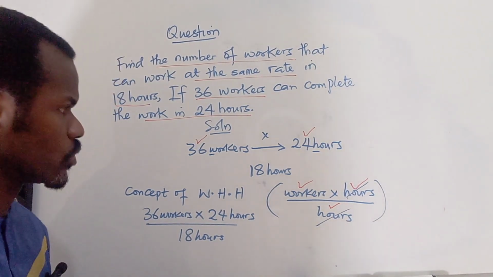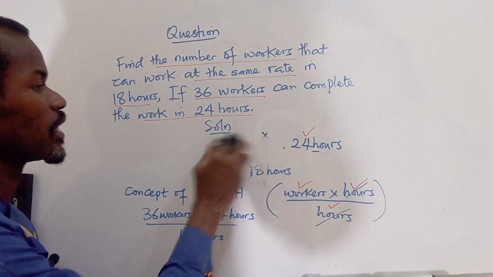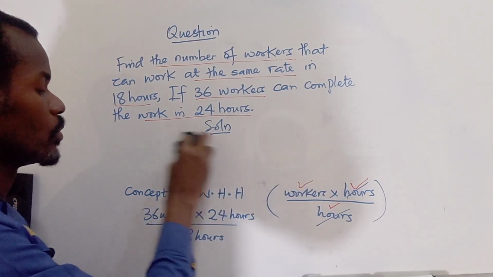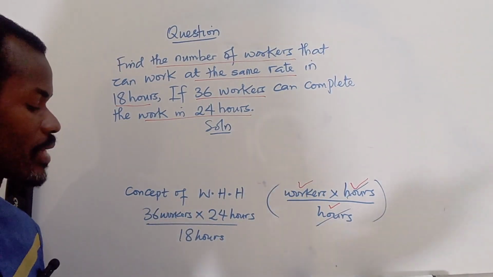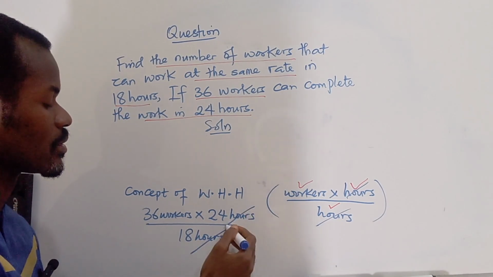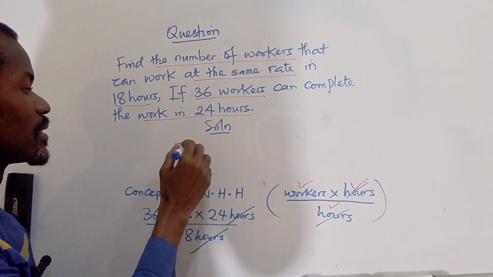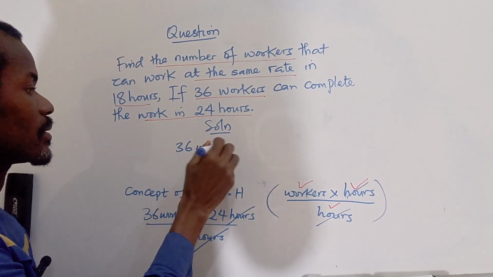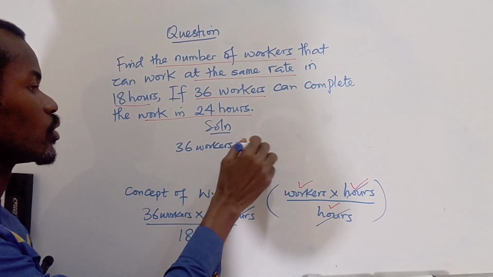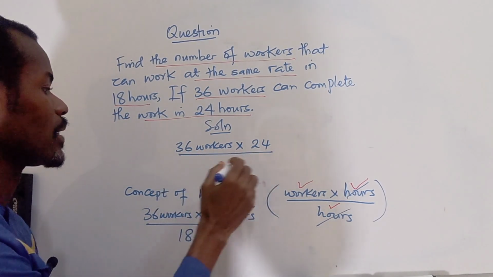Let's do the simple simplification. Like I said, hours is going to cancel hours, so I'm left with 36 workers multiplied by 24 divided by 18.